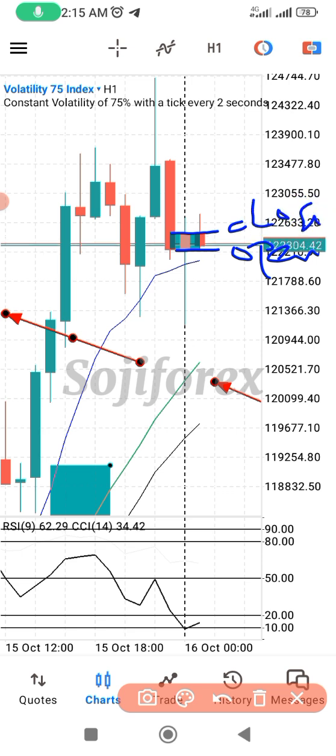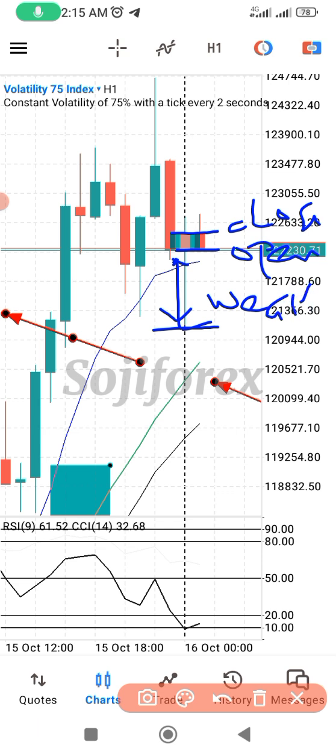So what this candle is telling us is that from this point to this point is showing us the weakness. It's indicating to us the weakness of the seller.